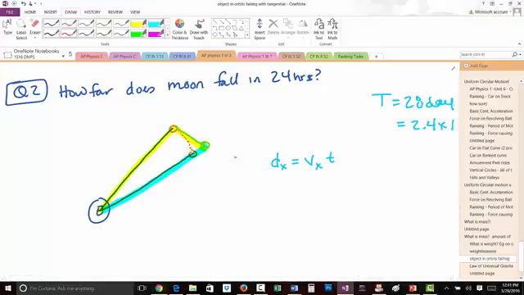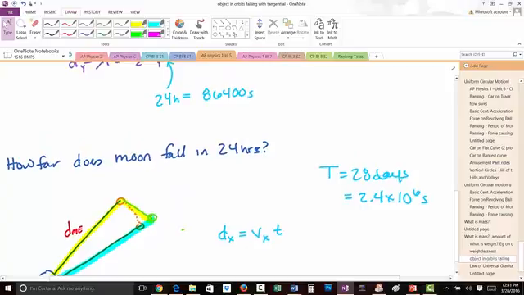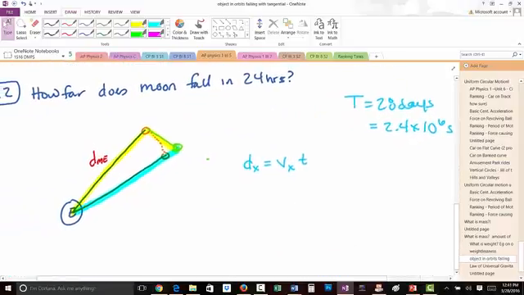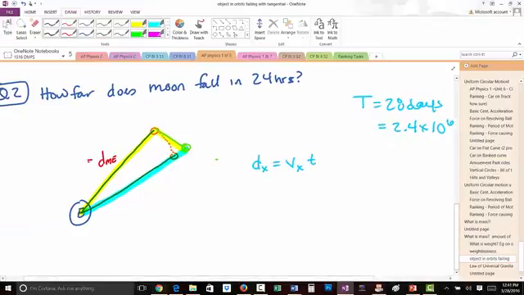I'm going to write down those steps one more time just so you can remember what it was. This is the distance from the moon to the Earth. That had a value of 4 times 10 to the 8th meters. This is the distance in the x direction that we would go if there were no gravity acting. So that's going to be the velocity in the x direction times time.